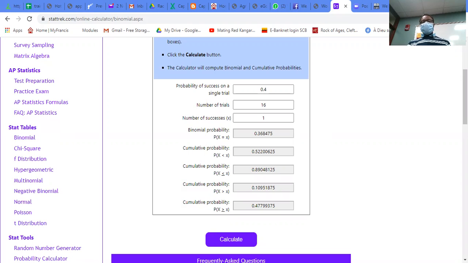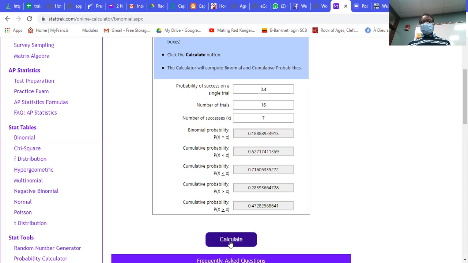And the number of success is 7. So the probability for at least 7 is 0.47.